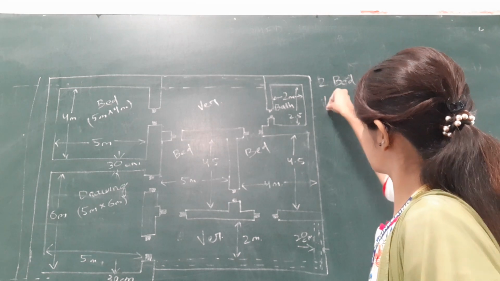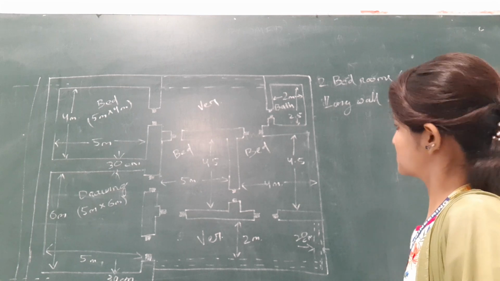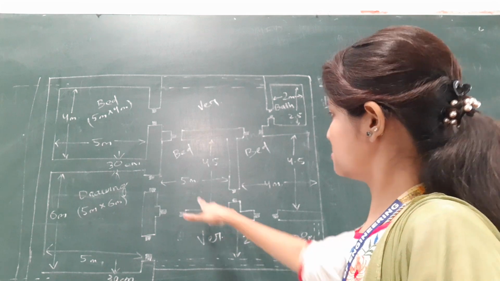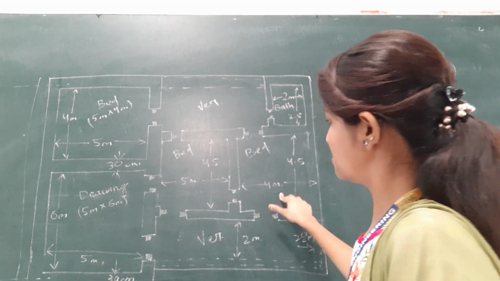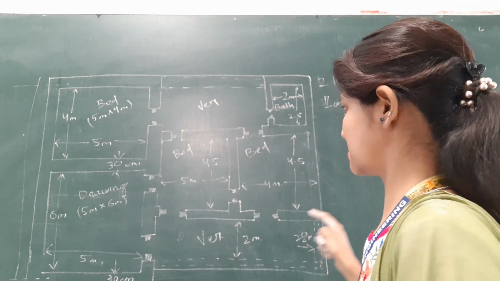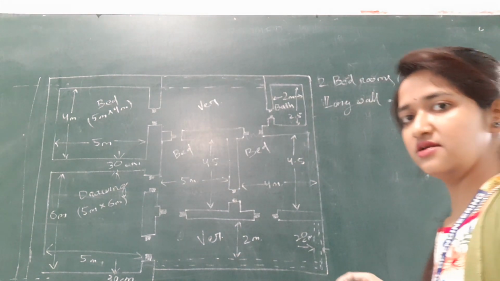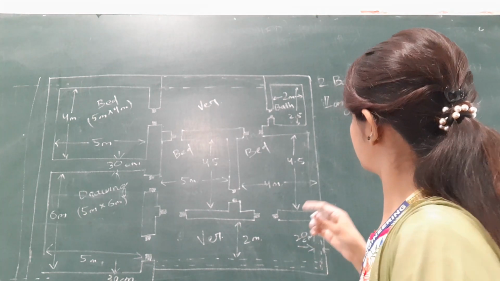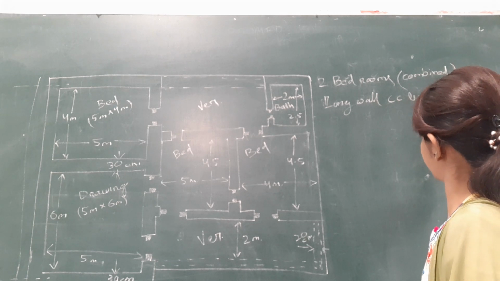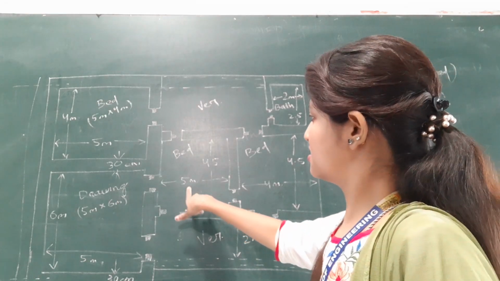For the long wall, there are two bedrooms and the dimensions are 5 meter, 4 meter. Obviously, the long wall is this and the short walls are this and this. So two long walls are there and three short walls are there. For the long wall center to center length, at first we put 5 meter.